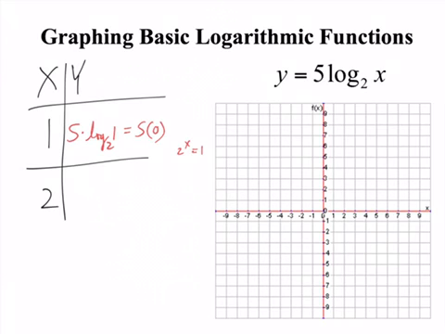So it would be 5 times 0, which is 0. And the second one is 5 times log base 2 of 2, which means 2 to the what power is 2, which is 1. And 5 times 1 is 5. So I have a coordinate (1, 0), and I have a coordinate (2, 5).